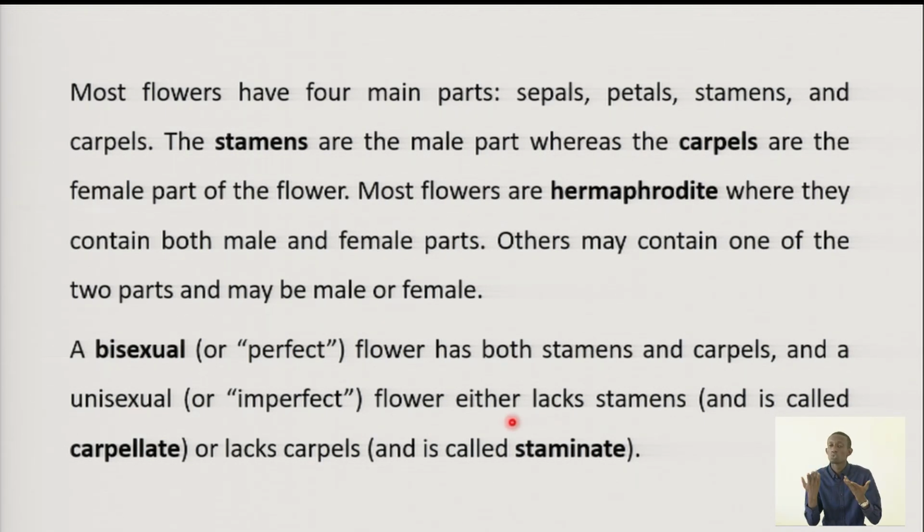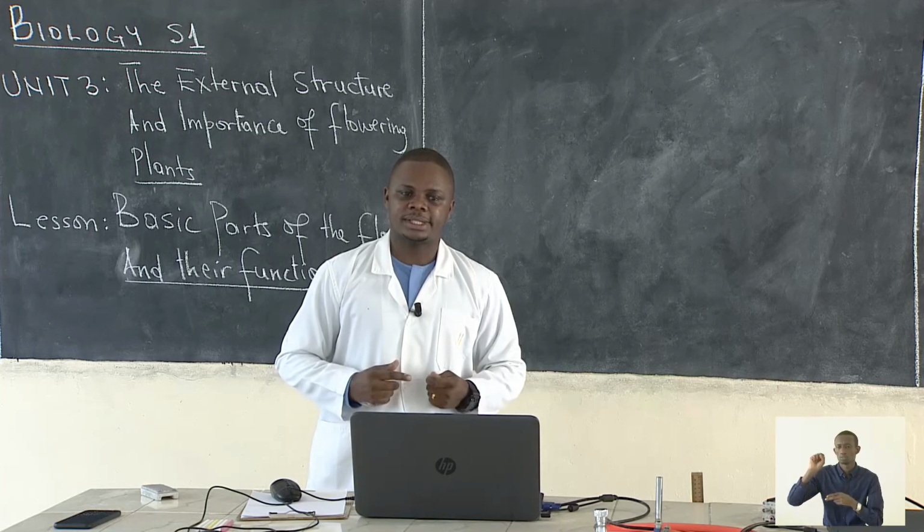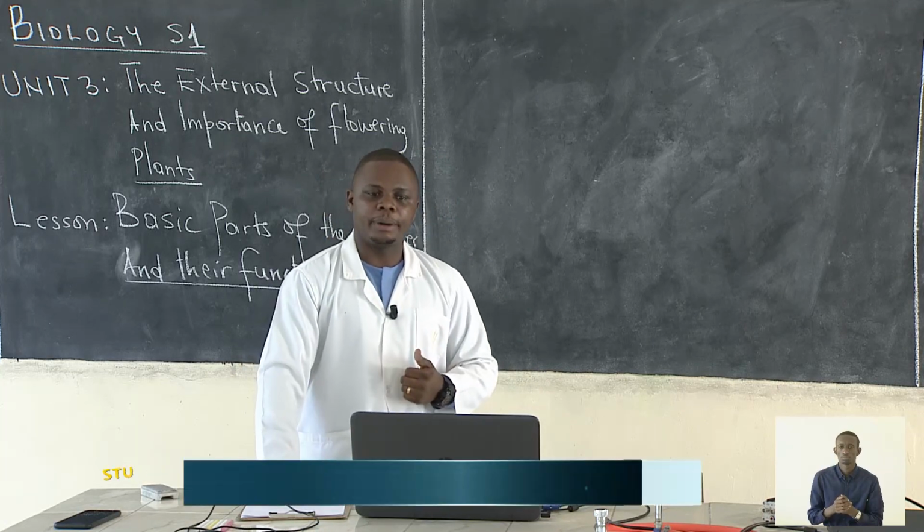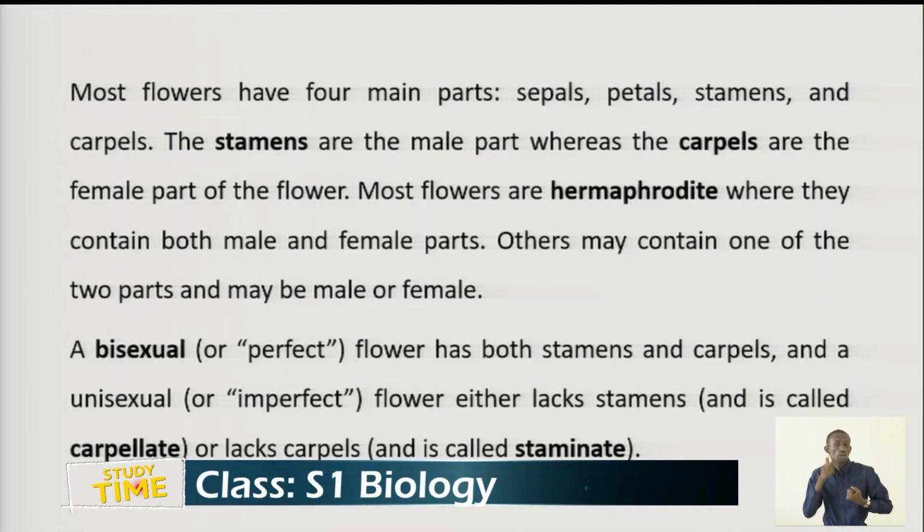For example, flowers which lack stamens are called carpellate, and flowers which lack carpels are called staminate. That means they are staminate because they have male parts. Flowers or plants which have female parts are called carpellate because they have carpels or pistil.